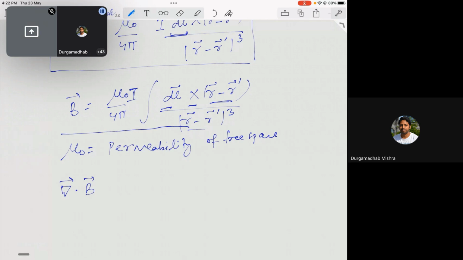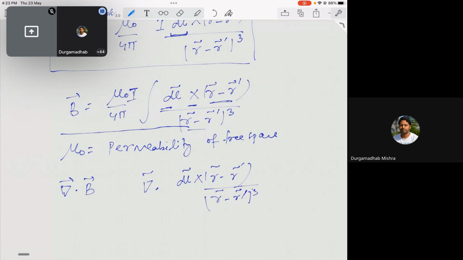You have to use some vector identity here. Basically, del dot B means you have a term of del dot of dl cross r minus r prime divided by the modulus of r minus r prime cubed.